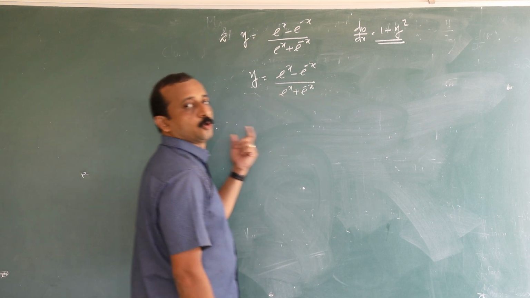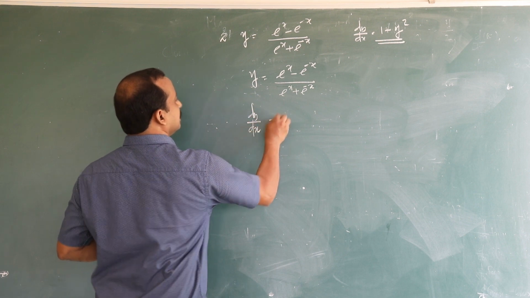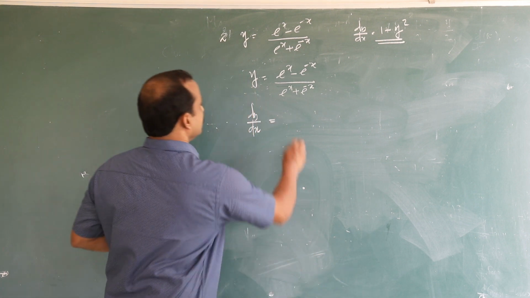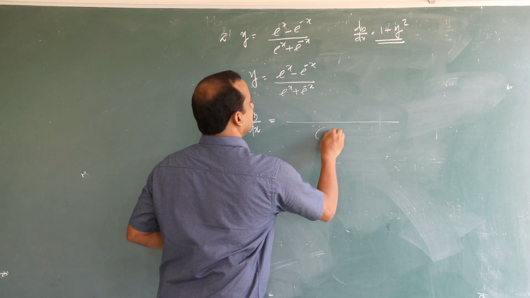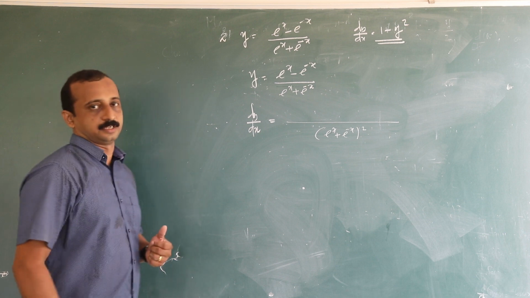Here we apply the quotient rule. Therefore, dy by dx is equal to, using the quotient rule, the denominator square, that is e raised to x plus e raised to minus x the whole square.